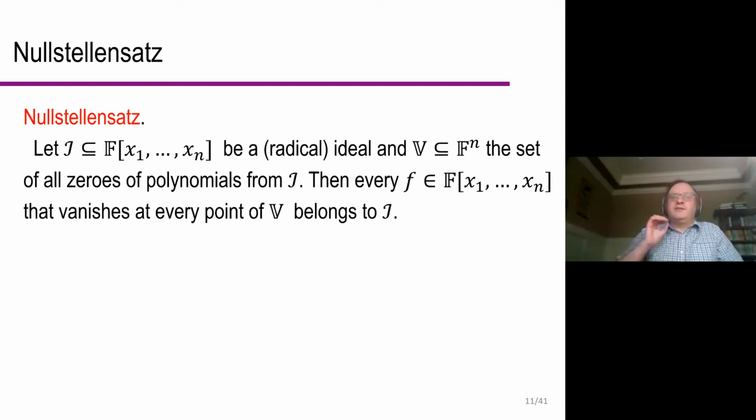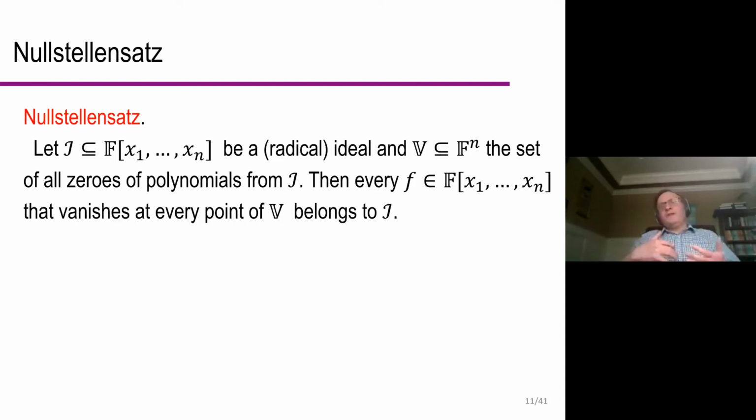So this is the set such that every polynomial from I vanishes at every point from V, right? And these are all points like that. Then Nullstellensatz says that any polynomial that vanishes at every point in that variety V belongs to the ideal.